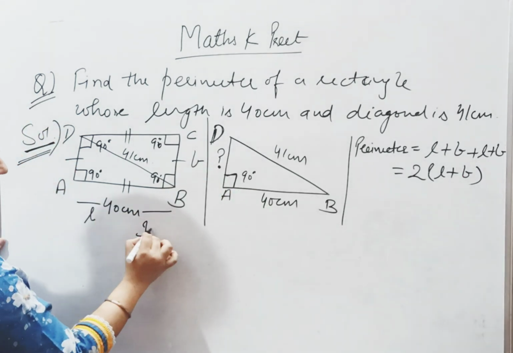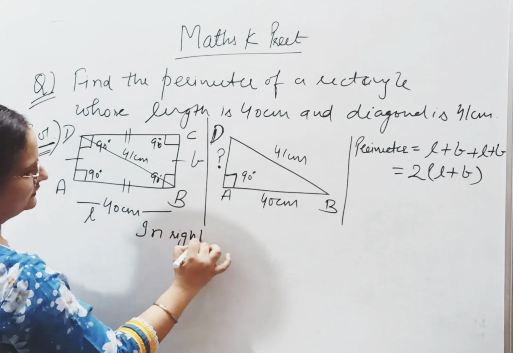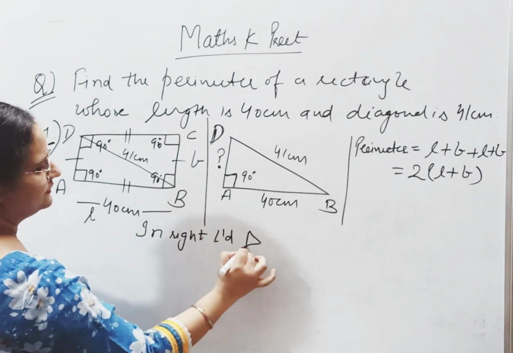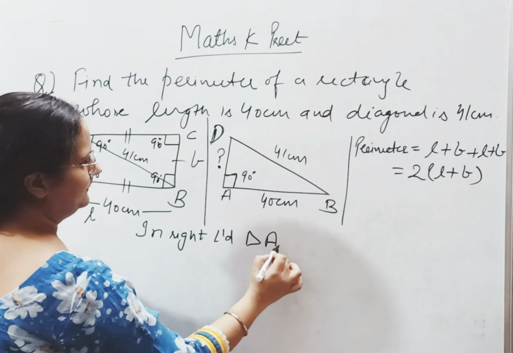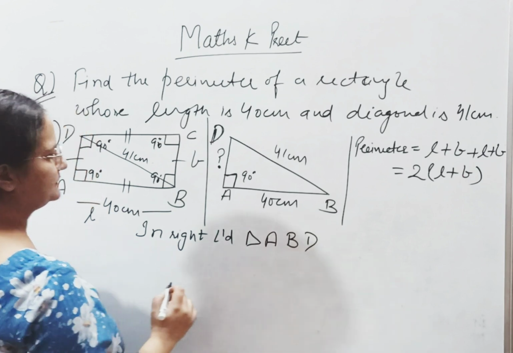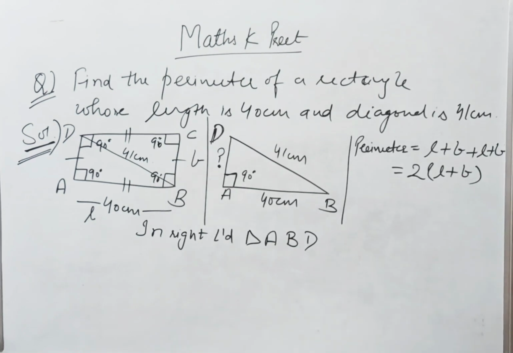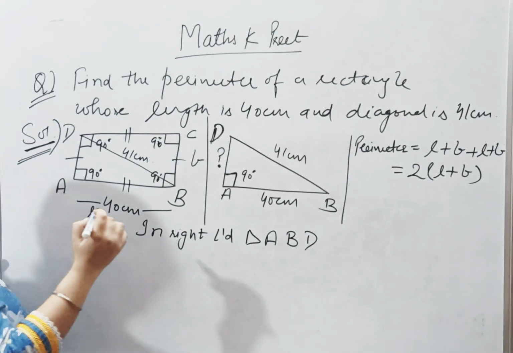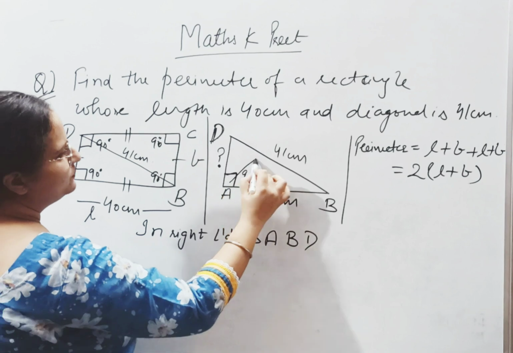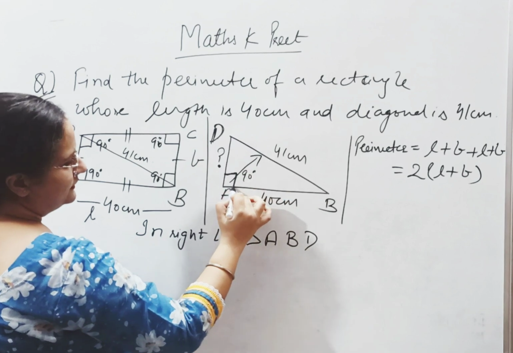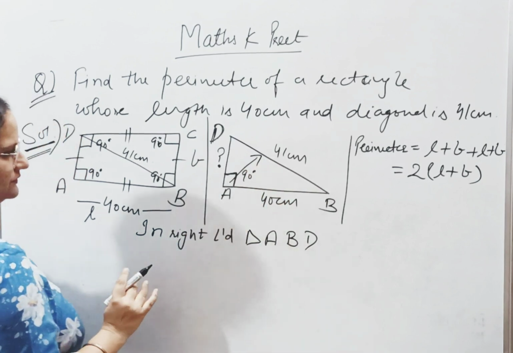Let me write in right angled triangle. Name is ABD. So this is a right angle triangle ABD. I just told you that the side opposite to the right angle is always what? Hypotenuse.